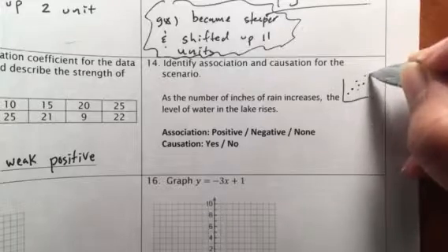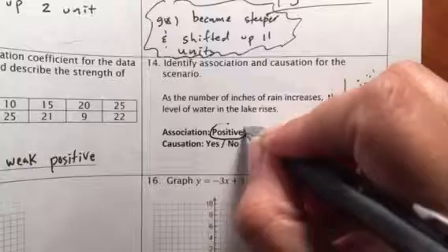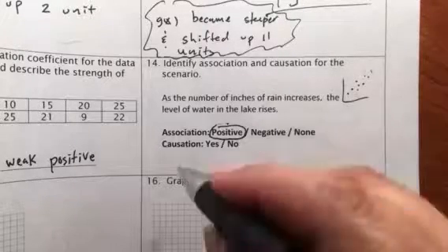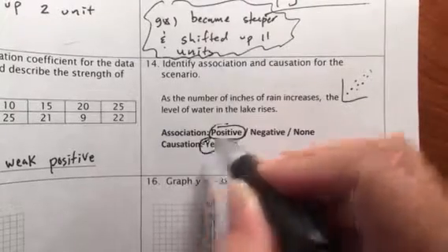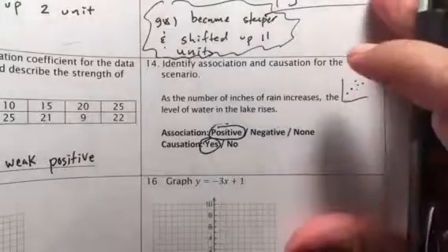And it could be going up like this, but it's going up. So I would say that it's positive. Now, does the rain cause the water to rise? So is there a causation? Does one affect the other? So yes, it does. If it rains, then the water is going to increase. If it doesn't, the water stays the same.